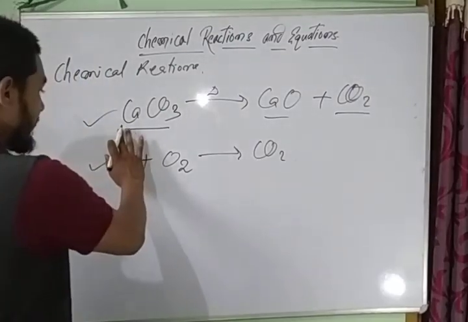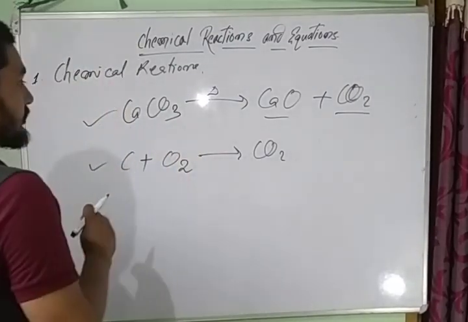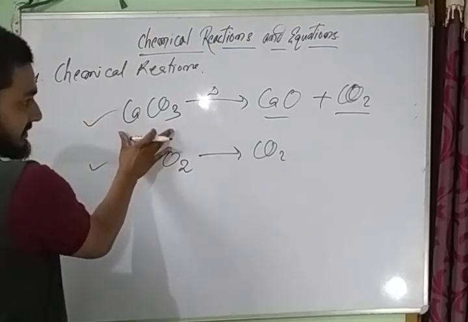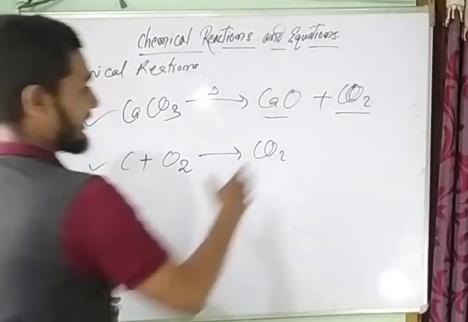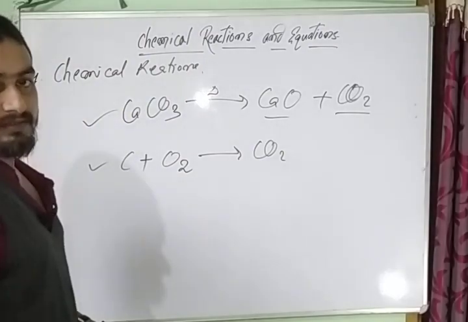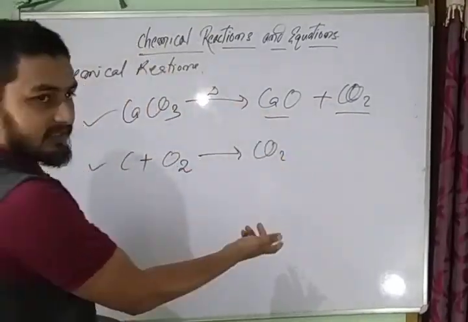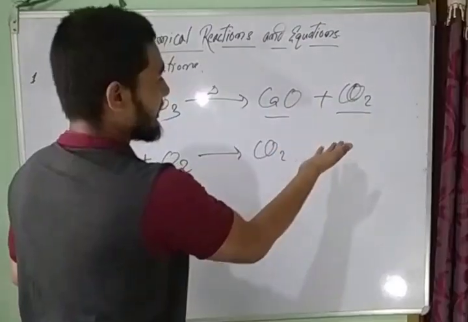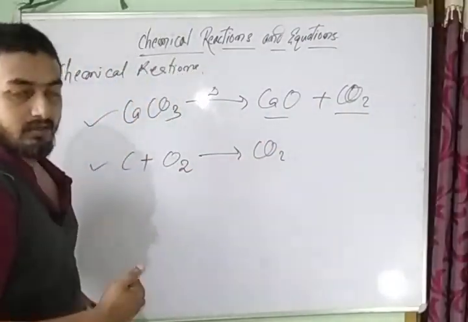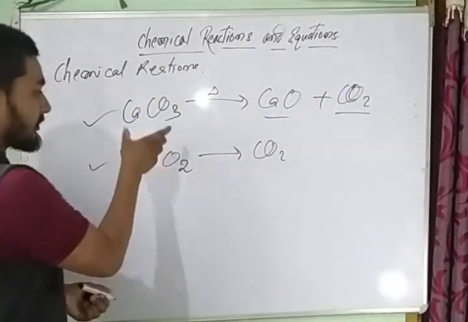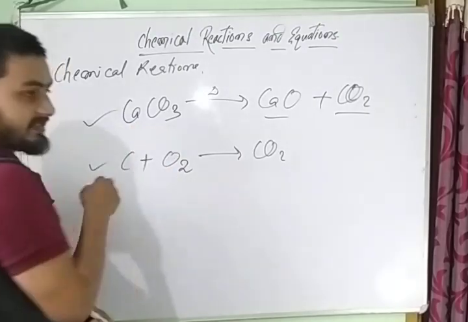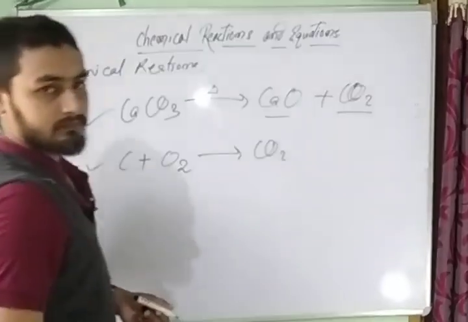So what happens in a chemical reaction is that one set of chemical substances transforms to form another set of chemical substances, and the substances that are formed, their physical and chemical properties are entirely different from the physical and chemical properties of the substance from which they are formed.